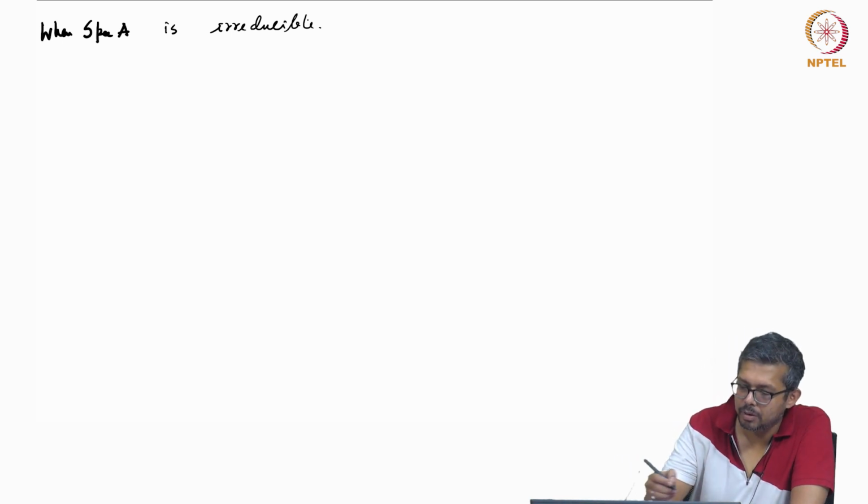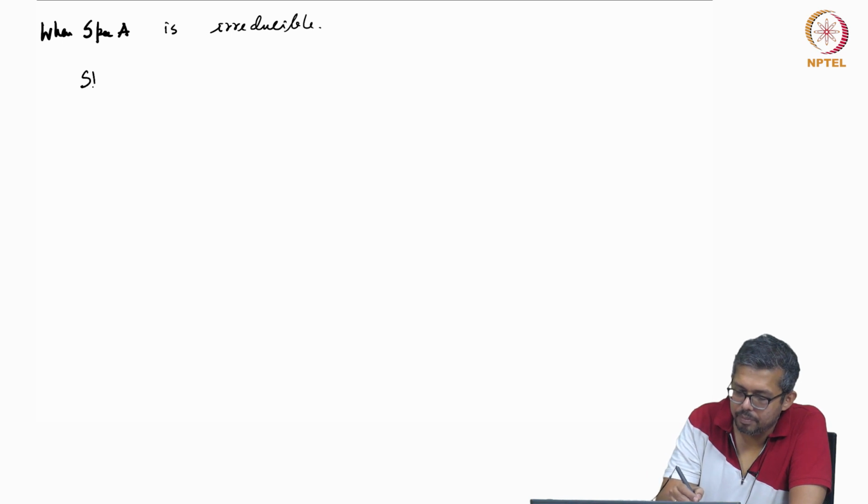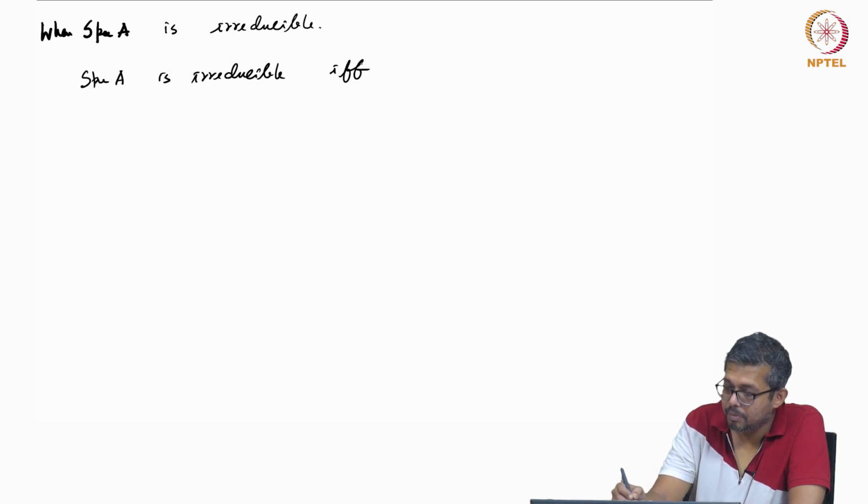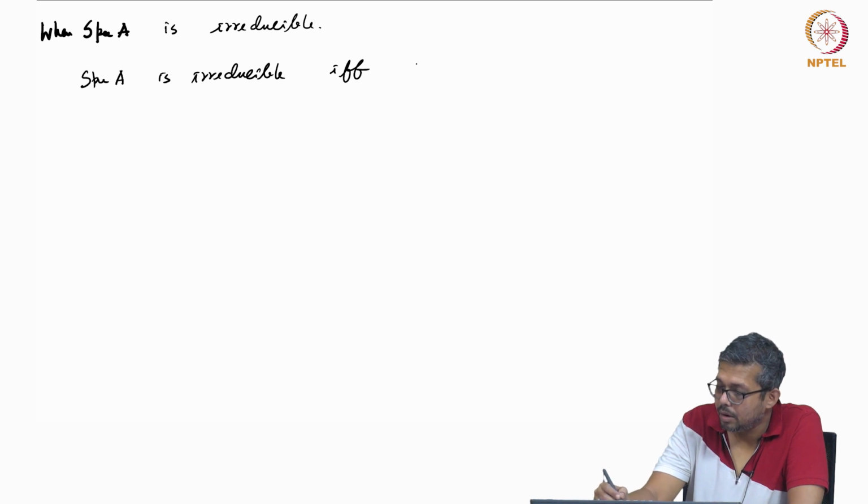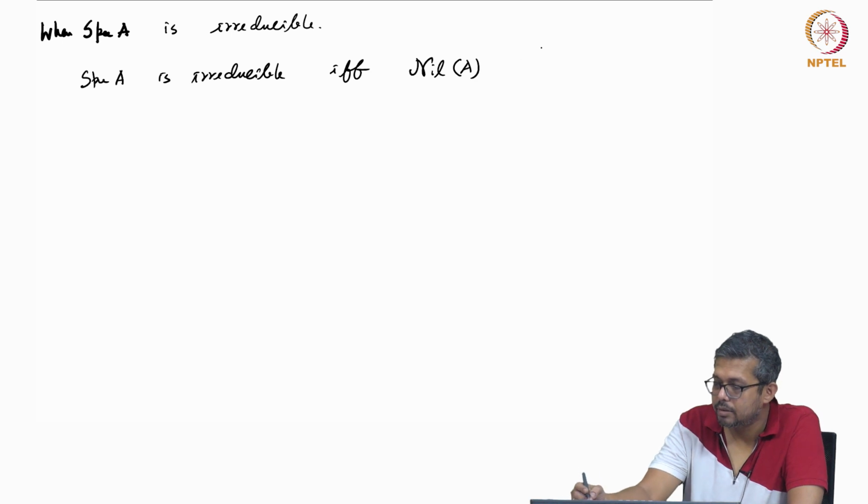So this is irreducible if and only if the nilradical of A is prime, right?